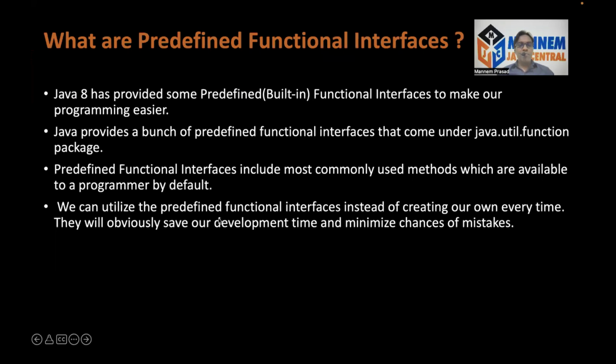So we can utilize them instead of creating our own every time. They will obviously save our development time and minimize chances of mistakes. So for each and every small requirement, the programmer need not write their own code. Instead, you have to use predefined functional interfaces provided by Java 8.